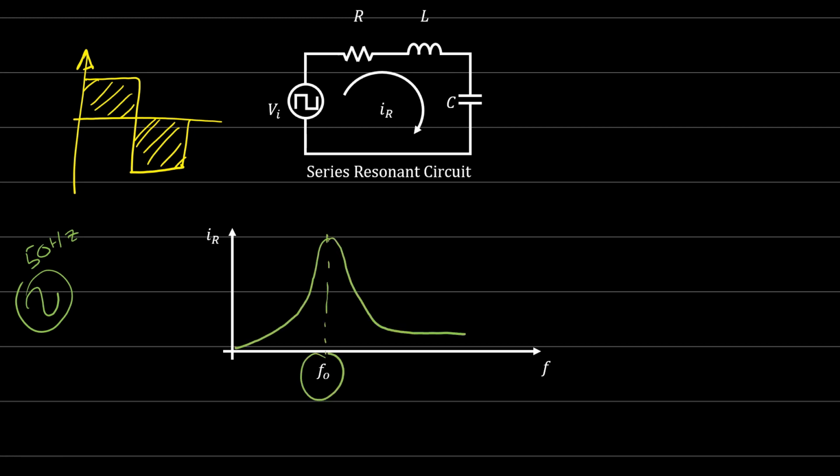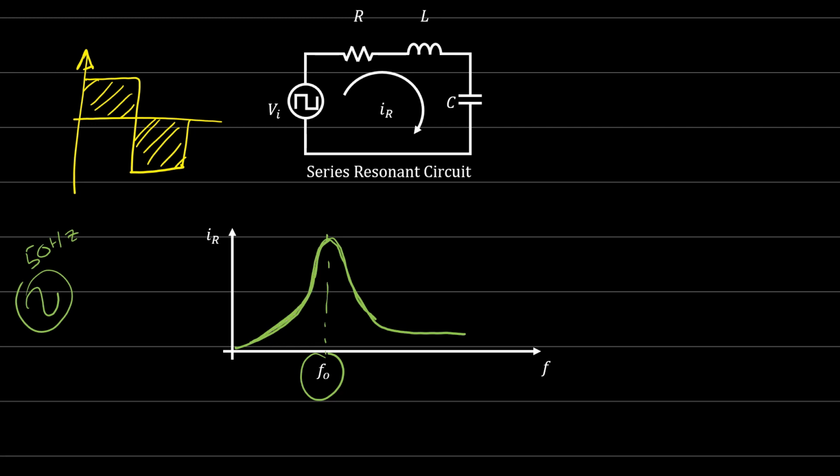This is the resonant frequency. The resonant frequency occurs at a certain point. Let's say, for example, the resonant frequency is 50 hertz. If we increase the frequency, the curve will start decreasing like this. And if we decrease the frequency, the current will start decreasing this way.